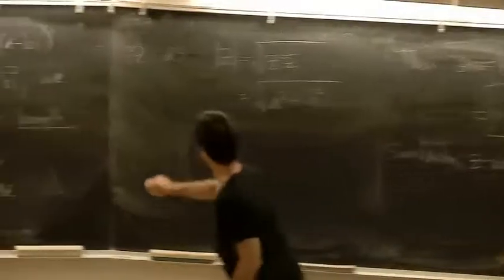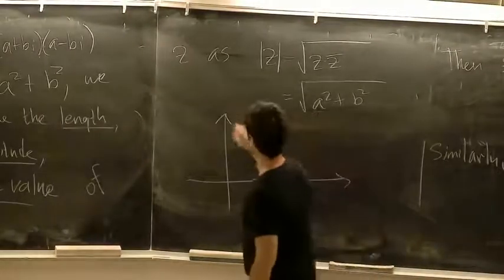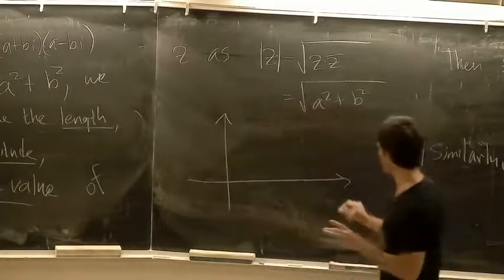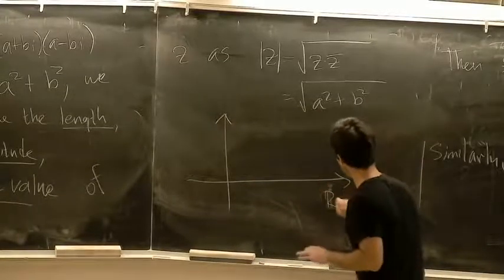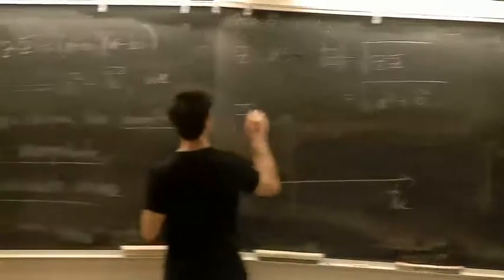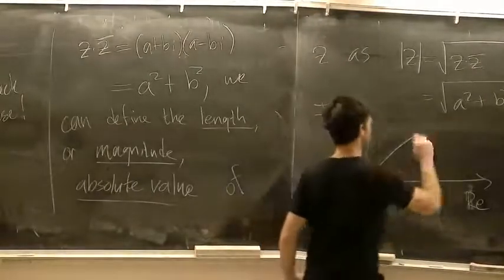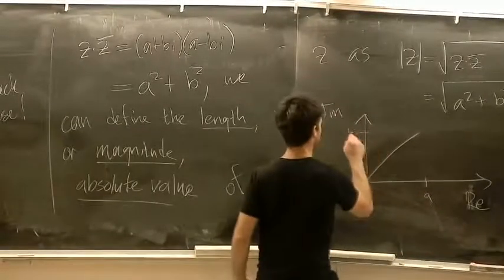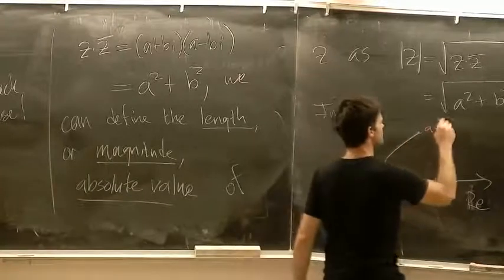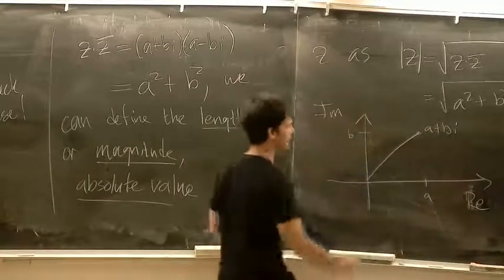And this, if you plot a complex number in the plane, where this is the real axis and this is the imaginary axis, so if this is a and this is b, then this represents the number a plus bi.